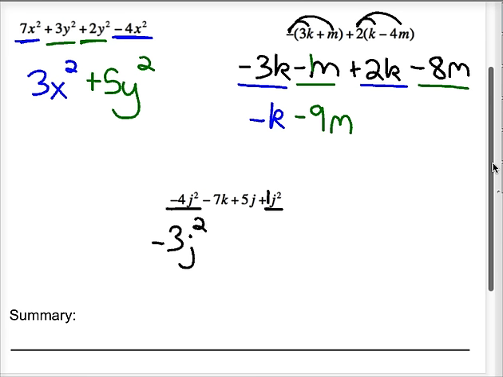Again, use your calculator if all else fails. Now, notice I did not include the 5j. Because you may have the same variable there, but you don't have it to the same power. So that's why the 5j has to stay on its own, and then this negative 7k has to stay on its own. All right, you can't combine those because they're not the same variable to the same power. They have to stay separate.